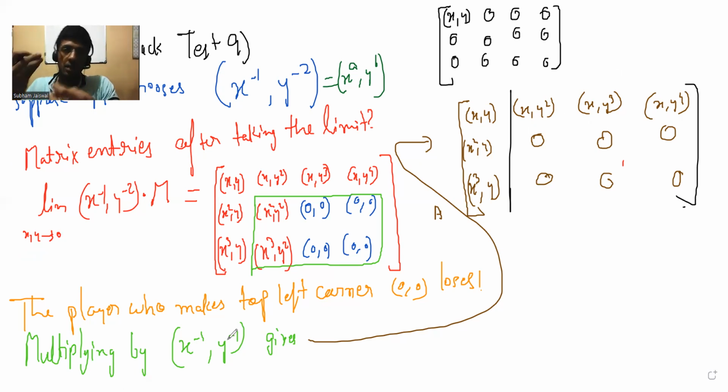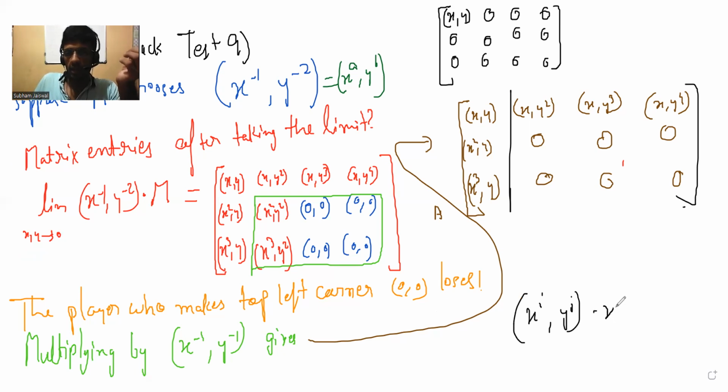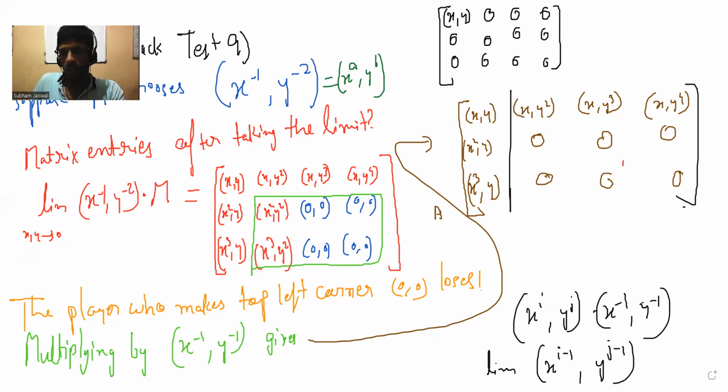So take every entry of the matrix, x to the power i, y to the power j, and multiply it with this component-wise. You get x to the power i minus 1, y to the power j minus 1, and then you take the limit as x and y go to 0.